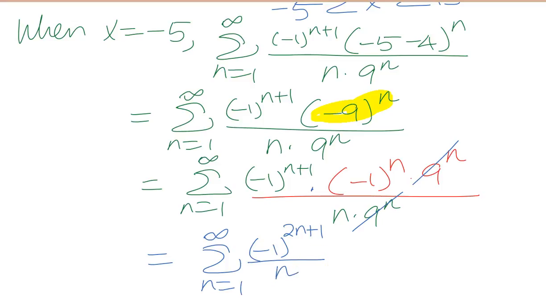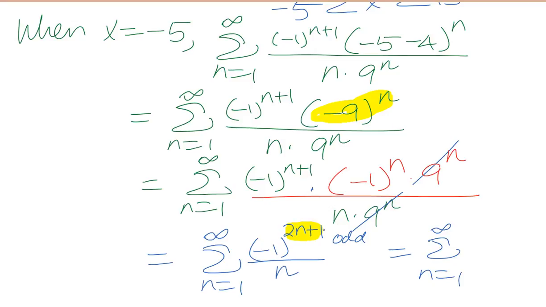Now, what do we know about 2n plus 1? Guys, n is a positive number, 2 times n is a positive whole number, 2 times n is an even number. When you add 1 to an even number, that will always be odd. Now tell me what is negative 1 to the power of an odd number.